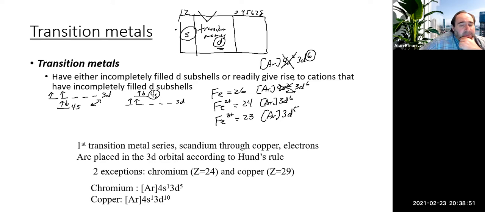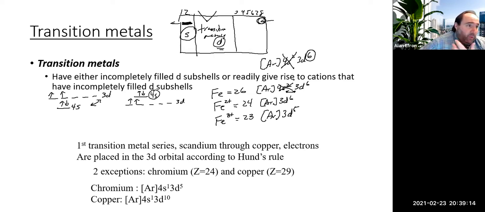They are also different than representative metals. Representative metals, which are the guys in group 1 and 2, like sodium and magnesium that we talked about, when they lose electrons, they back up to the noble gases. When transition metals lose electrons, they don't back up to noble gases.